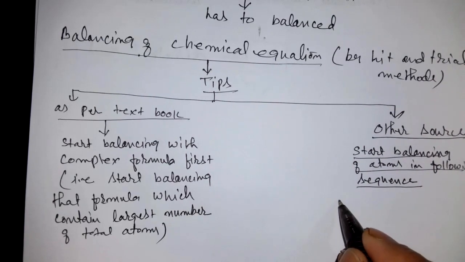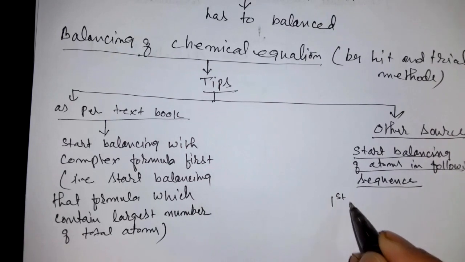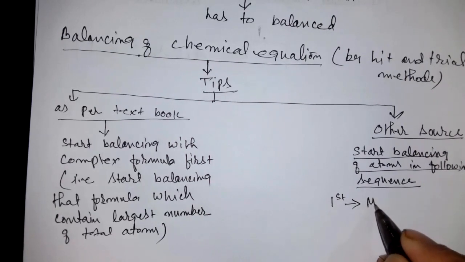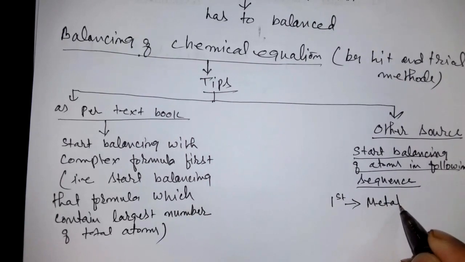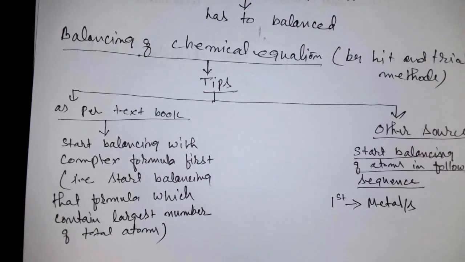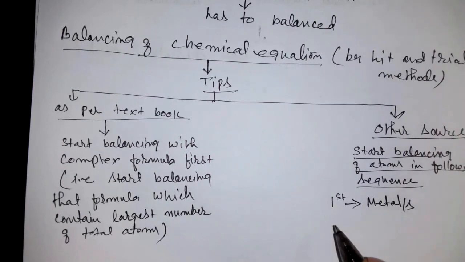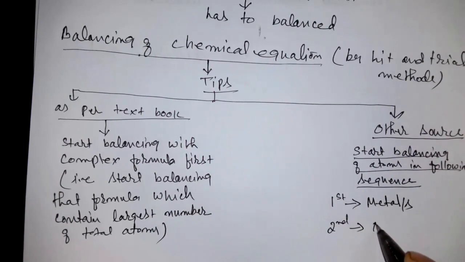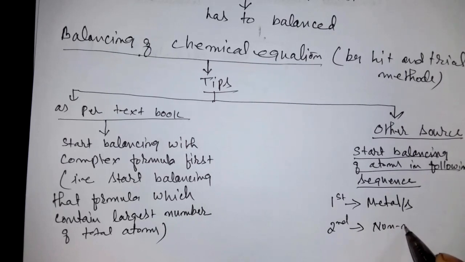Okay, so first you check whether you have any metal in the equation or not. If any metal is there, then you balance the metals. If you have more than one metal, then you balance both metals first. After finishing all the metals, second you do balancing of non-metals.